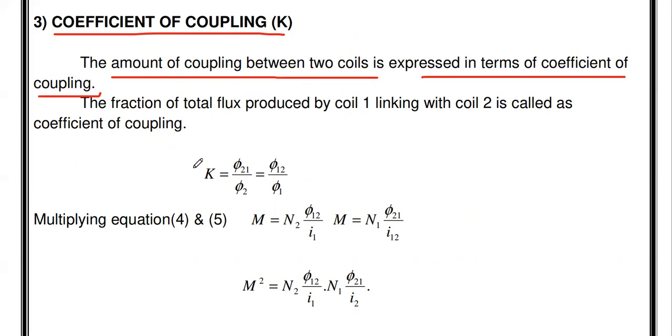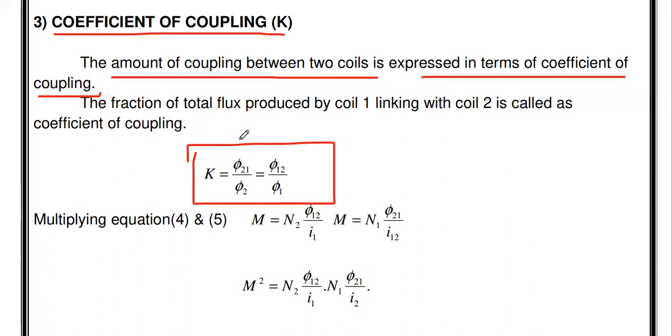K is a ratio of phi 1 divided by phi 2, that is, the fraction of the total flux produced by coil 1 linking with coil 2.